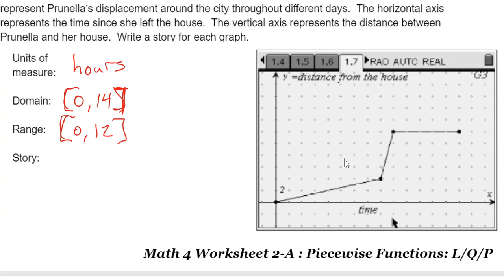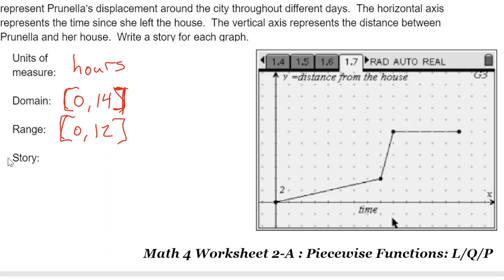All right, so what would a story look like that would be here? Maybe she was walking somewhere and she walked for a few hours and then she thumbed a ride, hitchhiked a ride with somebody, or maybe she walked to the bus stop and then caught the bus, and then she got where she was supposed to go and she stayed there for several hours.